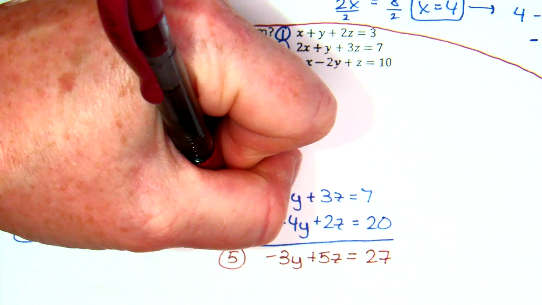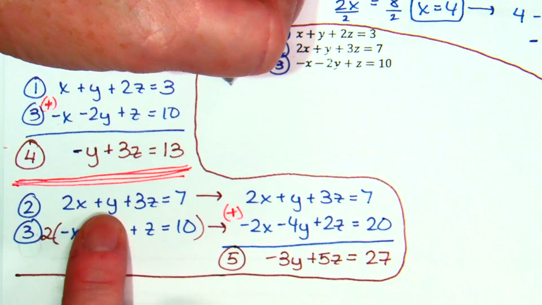Okay. What do I do with equation 5? Put it together with 4. So I'm going to write them on top of each other. 4 is negative y plus 3z equals 13.